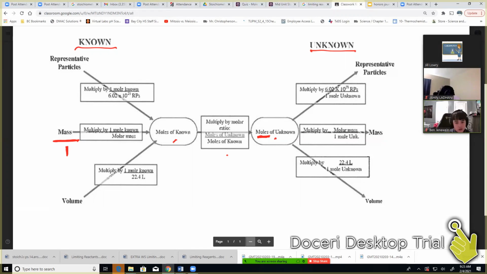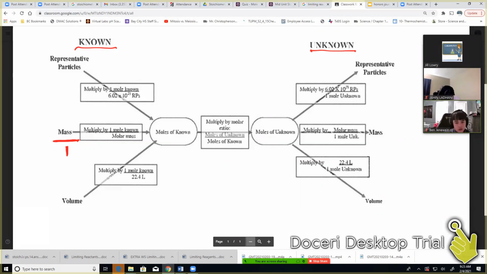So if you look at it real simple, if we just did a mole to mole problem, which is what we did on Tuesday, you would start with the moles of your known over 1, and you would simply multiply it by the molar ratio, and that would get you to the moles of your unknown. So that's what we would have done on Tuesday, just that one little short system.